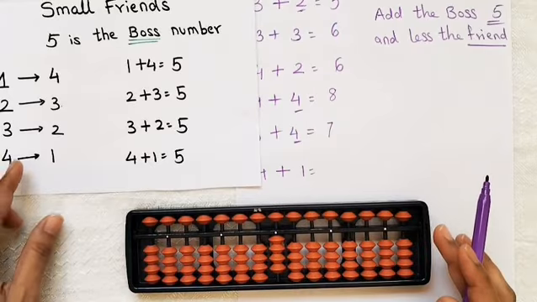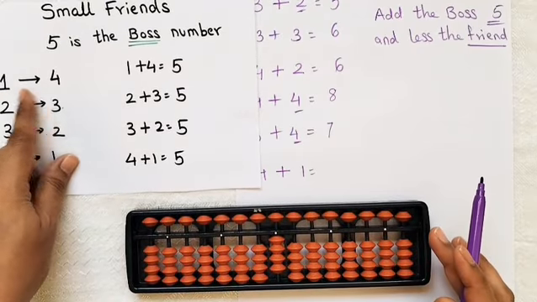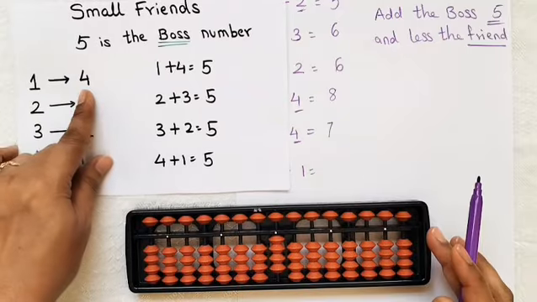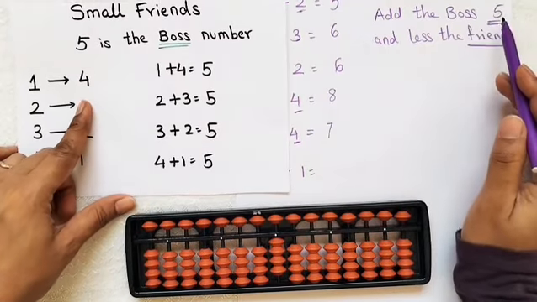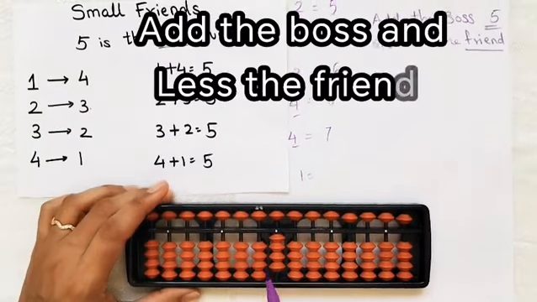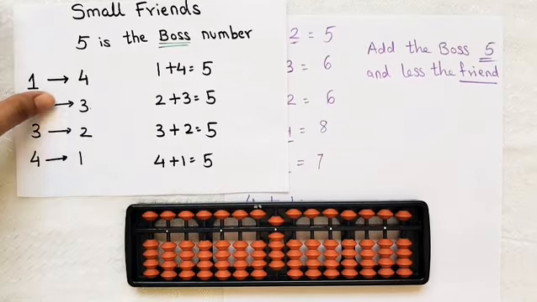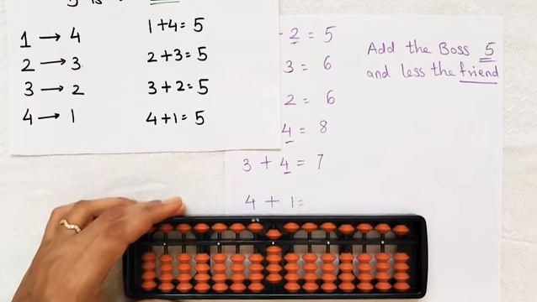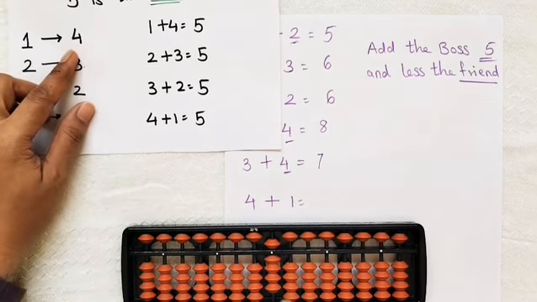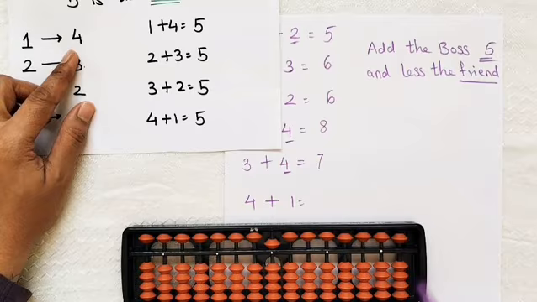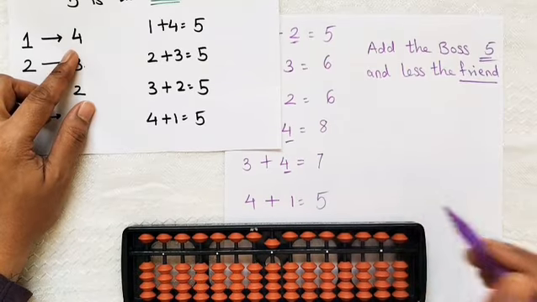So who is the friend of 1? 4. So add the boss and less the friend of 1. That is 4. So my answer is 5.